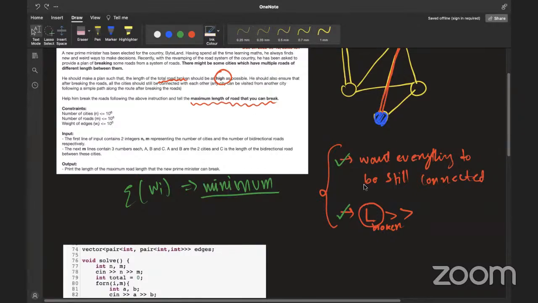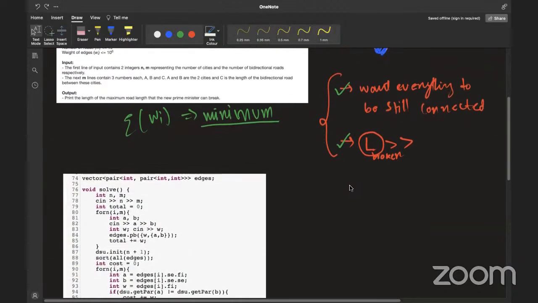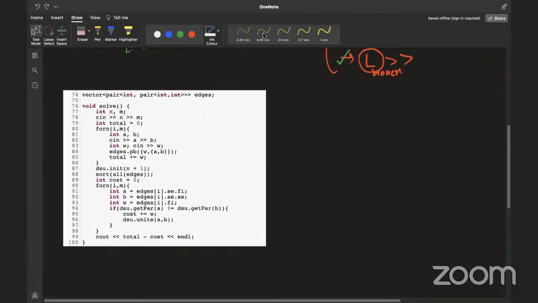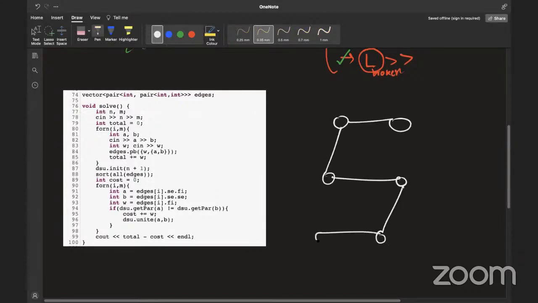Yeah, so I'll discuss the approach that I used. And what I did was, let's say I have a graph like this. Or maybe I'll give you a minute to think about the approach and then we can discuss it. Just take a minute to think about the approach. In a minute, I'll go over what my approach is.